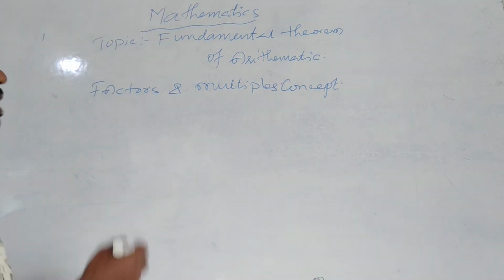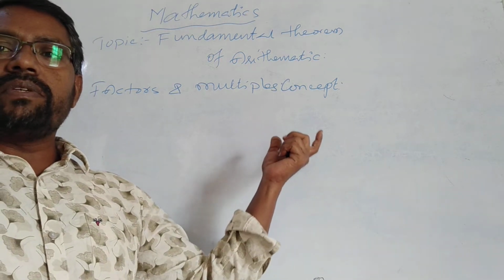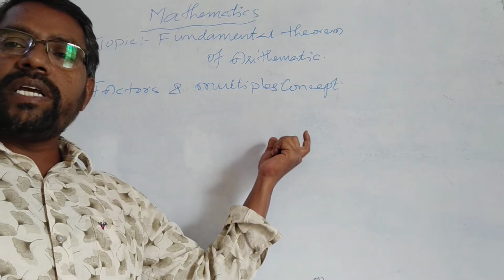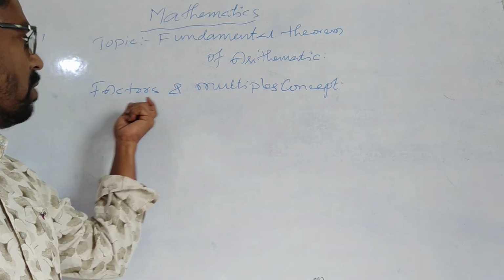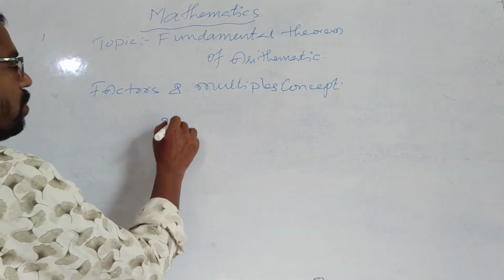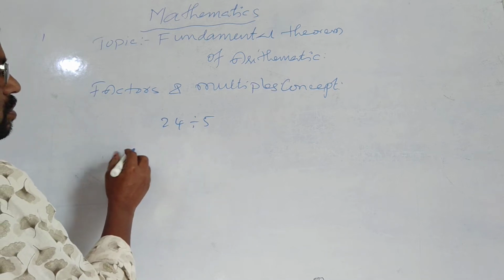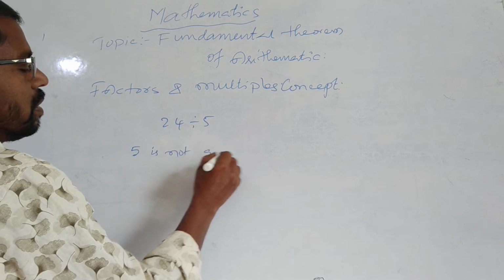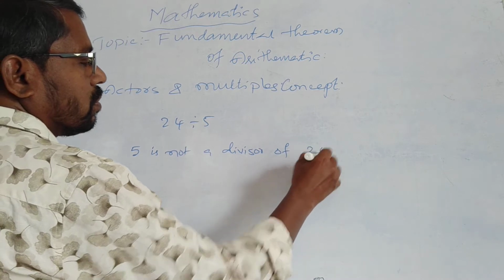In the last class, we did 24 divided by 5, which is not divisible, and we got a remainder. So 5 is not a factor, or divisor, of 24. Dividing 24 by 5 gives a remainder, therefore 5 is not a divisor of 24.